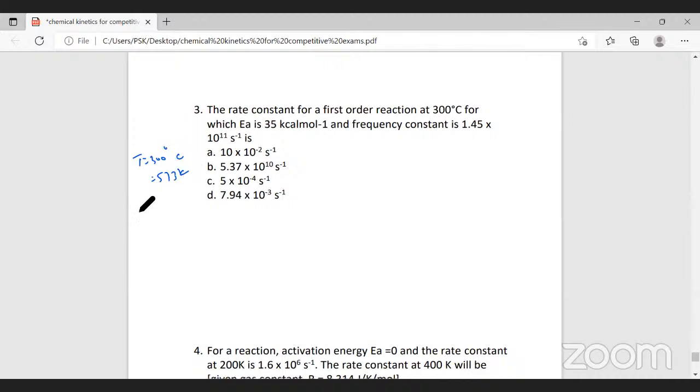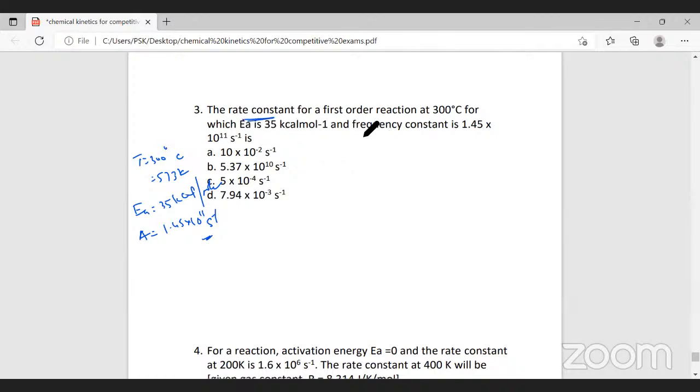And they've given the energy of activation to be 35 kilocalories per mole. And they have given the frequency constant, that is A, the Arrhenius factor, called the frequency constant, as 1.45 into 10 to the power 11 per second. And they're asking you to calculate the rate constant.